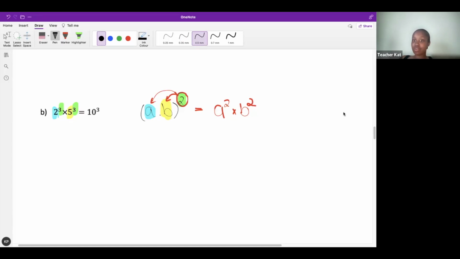Oh, the chat went very quiet just now. So you guys see it. This is law number 4 going backwards. So if I had those 2 bases inside all raised to 3, can I not just multiply those guys on the inside?